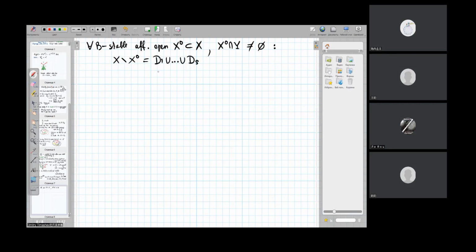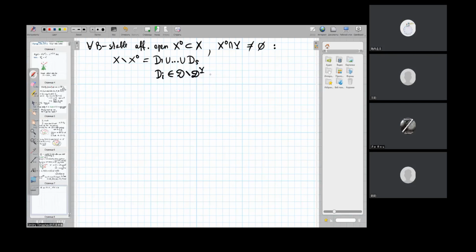So these divisors are, of course, B-stable, but not G-stable, because all G-stable divisors contain Y, since X is simple. So these divisors Di are colors not containing Y. So they are colors in the complement of this subset D over Y. But maybe it is not the whole subset.